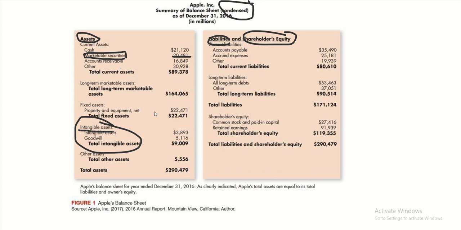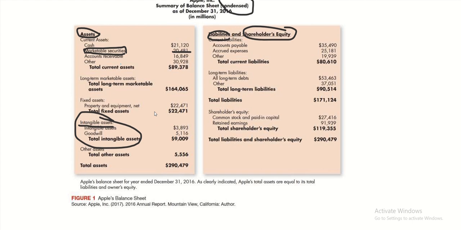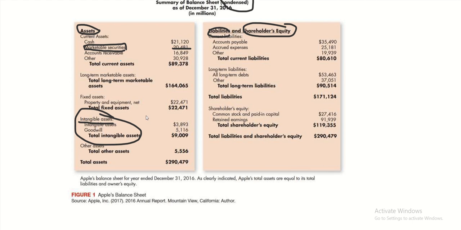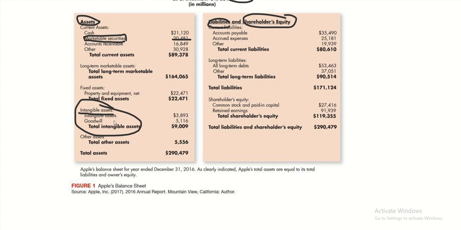So during acquisition, Apple may pay a premium, that is the price over the listed shareholders' equity, because Apple believes in the brand value of that company, that the company is worth more than its listed shareholders' equity. So that portion will actually be included as goodwill. So that's this value over here.